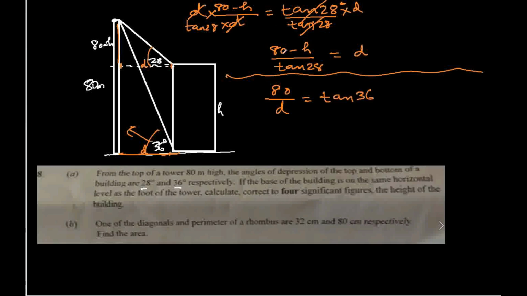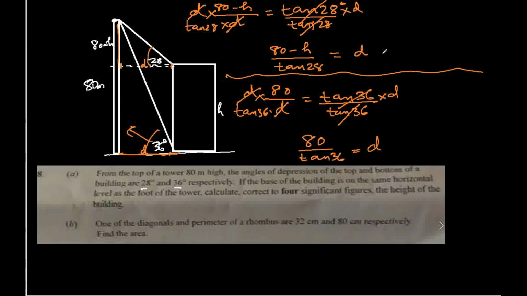By the same method we did earlier, I'll multiply this by d and divide by tan 36 here as well. So d and d cancel out, tan 36 and tan 36 cancel out. In this case we get d equal to 80 over tan 36.